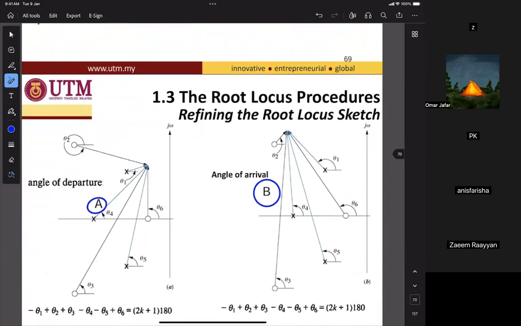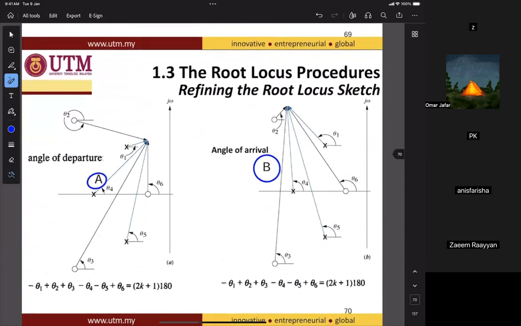The angle of departure is for the complex conjugate poles, CCP, which is here, and the angle of arrival is based on complex conjugate zeros, which is here. The formula is written there.